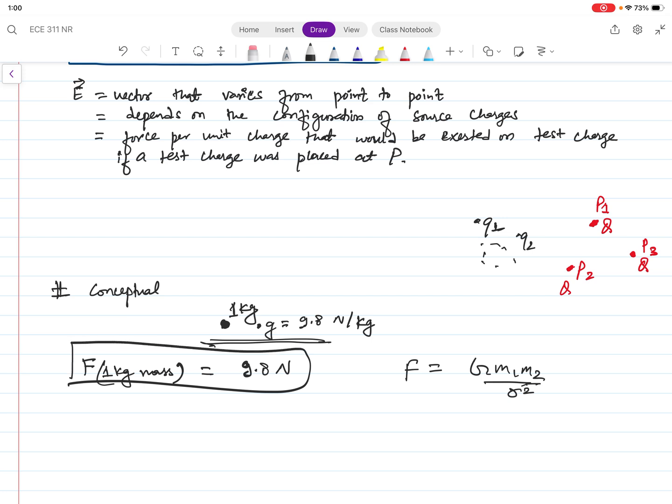So instead of calculating gravitational force using Newton's law of gravitation every time a new object is placed at the surface, we can simply define the region by its gravitational field g.